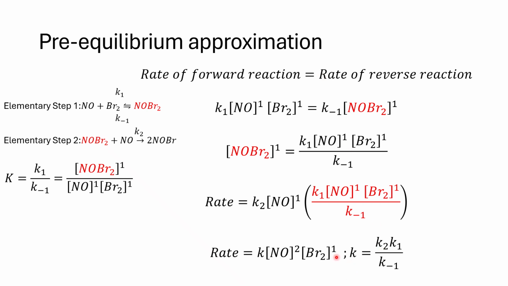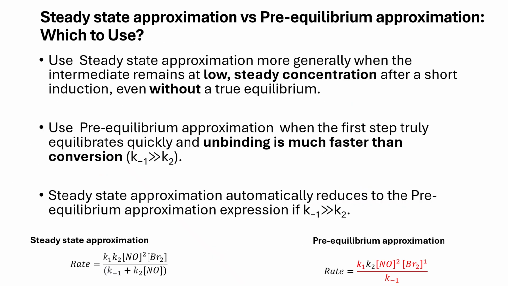So what is the difference between the pre-equilibrium approximation and the steady-state approximation? When do we use the steady-state approximation and the pre-equilibrium approximation? We use the steady-state approximation more generally when the intermediate remains at a low steady concentration after a short induction period, even without a true equilibrium.